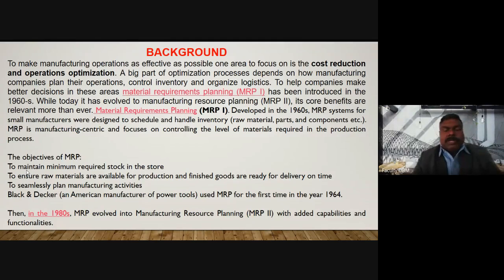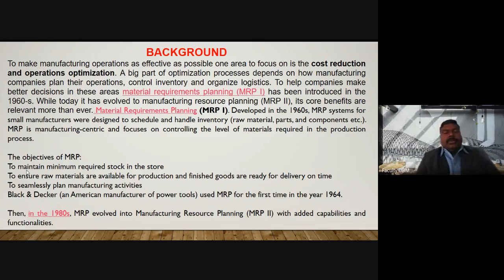Its objective is to maintain the minimum required stock in the store. So we have to maintain the inventory levels. Yesterday we saw reorder levels. If you want to maintain minimum stock, material requirement planning is a must.